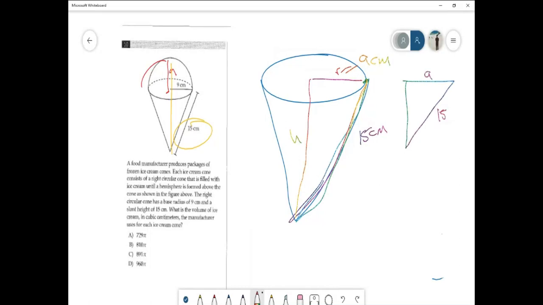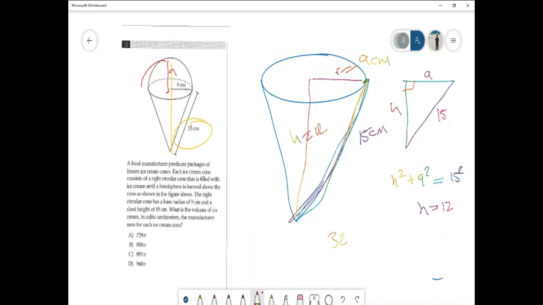In order to find the volume, I need to find the h, the height of it. How can I find the height of it? As you can see, this is a triangle. We have a triangle like this. This is 9 centimeters. This is 15, and this is h. Am I right?